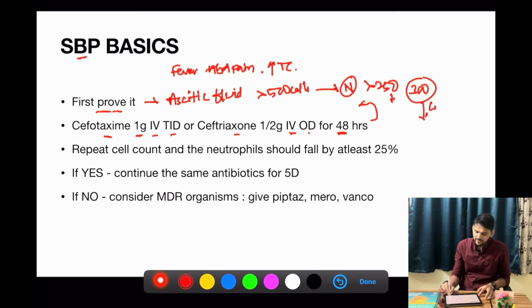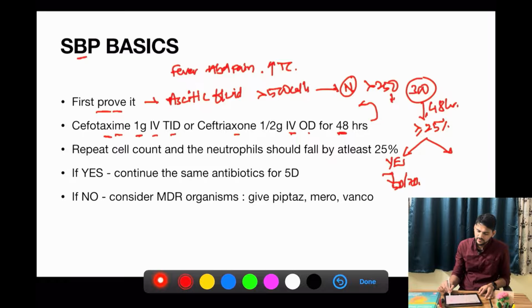After 48 hours of antibiotic, there should be a fall of neutrophils by more than or equal to 25%. So if we see such response, if yes, like it has responded, we can continue the same antibiotic for 5 days or 7 days.